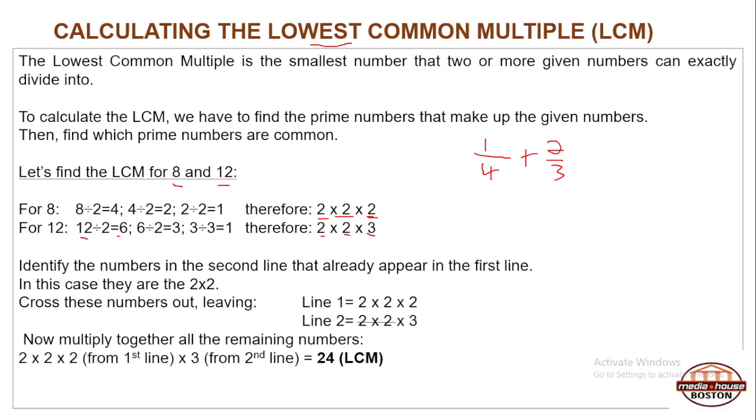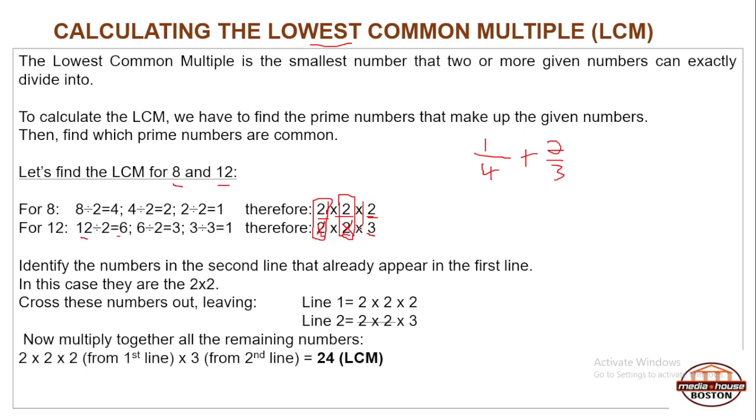So what happens now is that we identify the numbers in the second line that already appeared in the first line, in this case 2 times 2, and then we cross out the numbers that are repeating. On the first block we have 2 and 2, so we cross one of those out. Then in the second block we have 2 times 2, so this common factor is also repeating, so we cross 1 out.